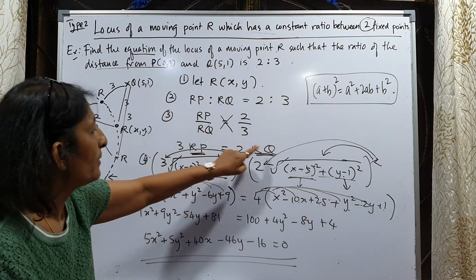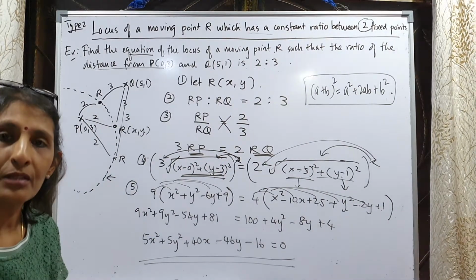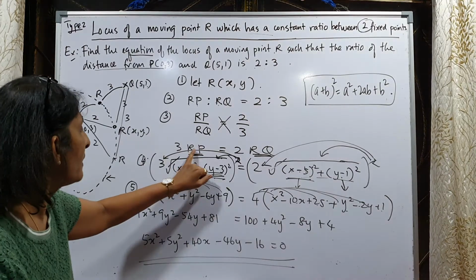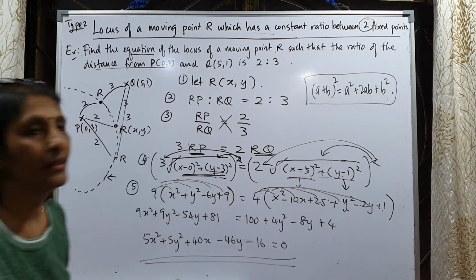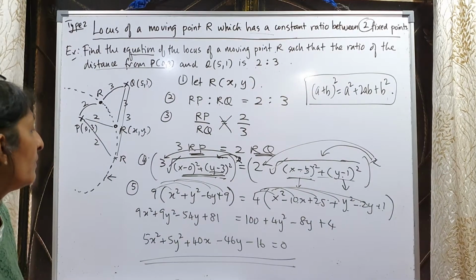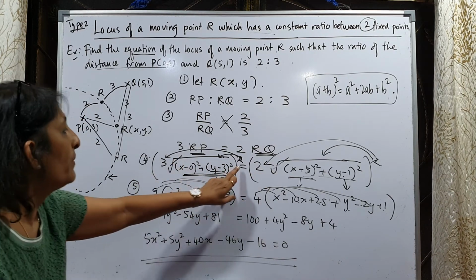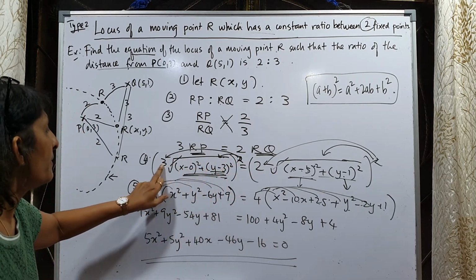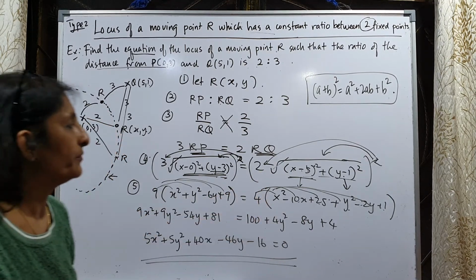Step 4, cross multiply, and we got an equation here, 3RP equal to 2RQ. Once you're done, use the distance formula for RP and for RQ. Now we're going to solve. Step 5 onwards is to solve it. So you square both sides to get rid of the square root. But when you square, make sure you square the number in front, becomes 9 here, and becomes 4 there.